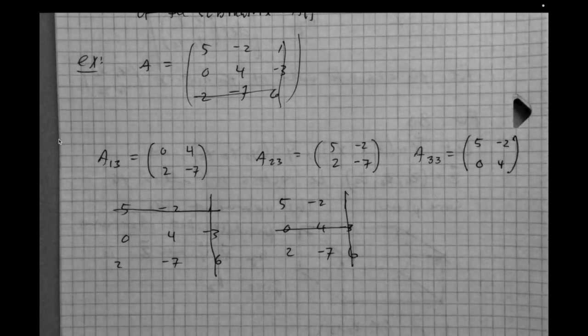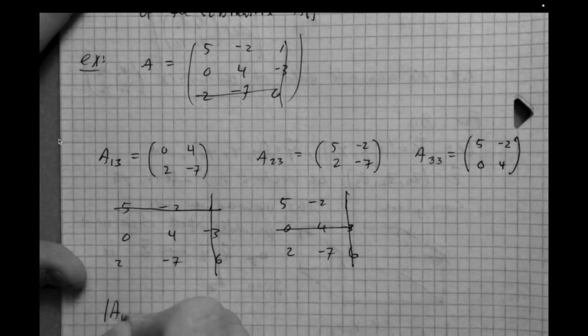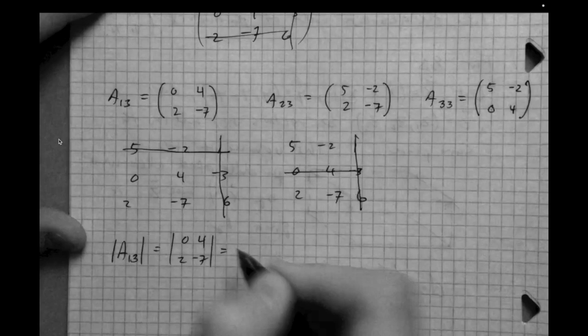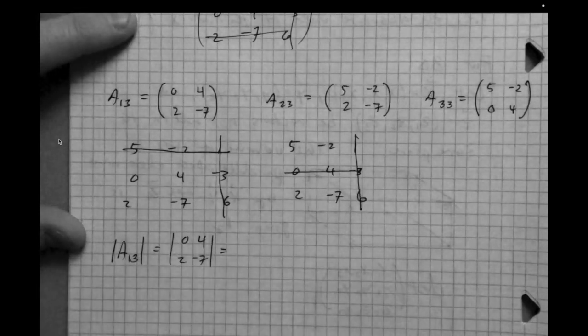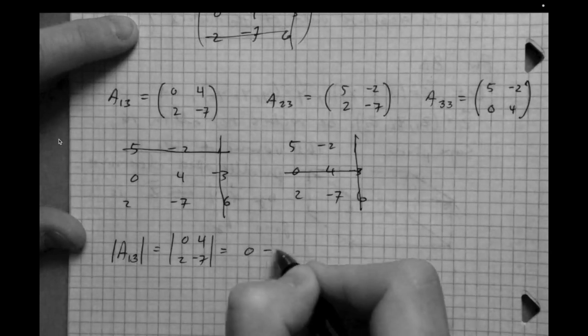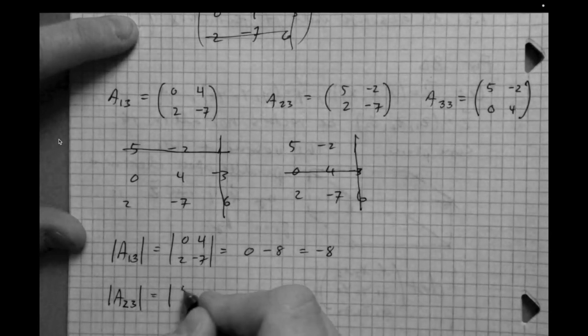Now, what is the A13 minor? That's just the determinant of this matrix. We know this is a 2 by 2, so the determinant is easy to calculate. It's just going to be 0 - 8. Then the A23 minor is going to be the determinant of this, so 5, -2, 2, -7.